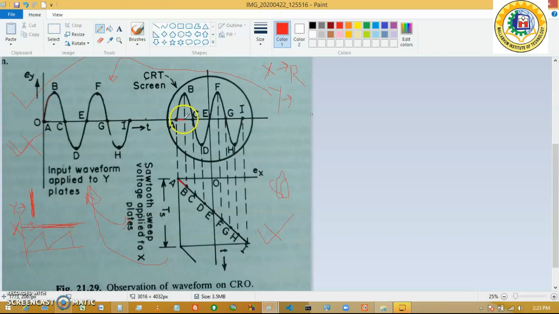Your Y plate voltage is responsible for moving the electron vertically. So the electron actually traces the path like that on the screen. Whenever it traces the path, it moves horizontally in that direction and vertically in that direction.